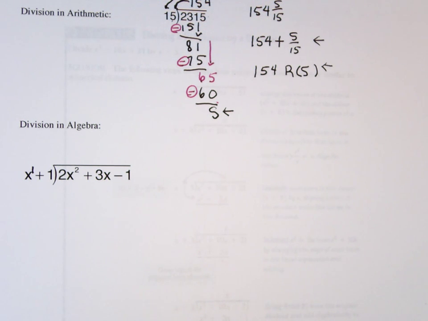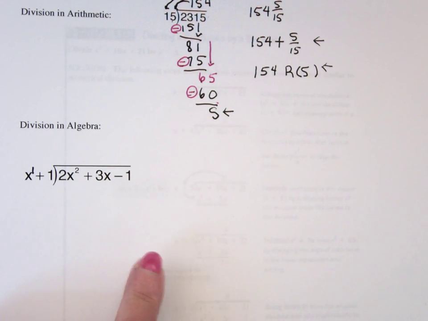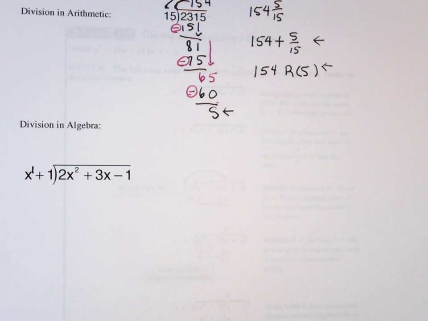That means when I get a remainder, it has to be smaller in degree than the divisor, because we're not talking about numbers now, we're talking about letters. If the divisor is degree 1, I know I have a remainder when I end up with degree 0. What's degree 0? Degree 0 is a number.